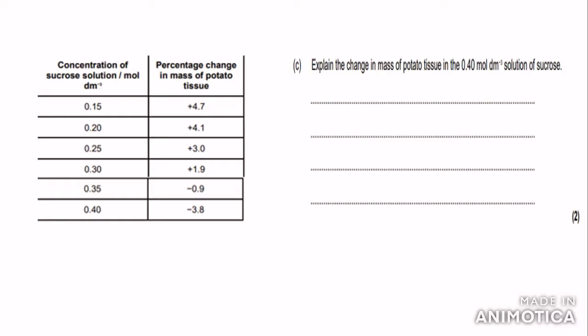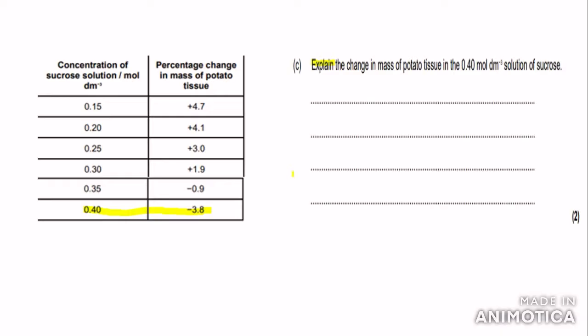So let's look at the next one. Explain the change in mass of potato tissue in the 0.4 mole per decimeter cubed solution of sucrose. Now, as this is an explain question, you need to write why something is happening, not just what is happening. So if we look at the data for 0.4, which is this bottom row here, you can see the change in mass of the potato tissue has decreased.